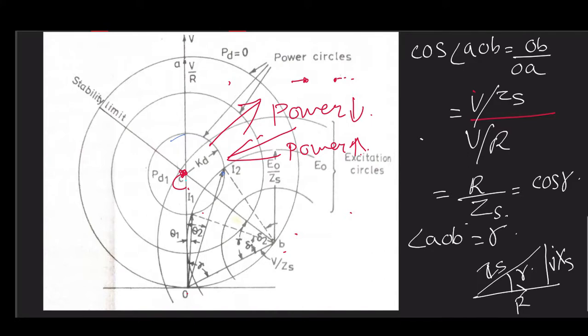At the center you have maximum power, and we can show that at this power the efficiency is equal to 50%.